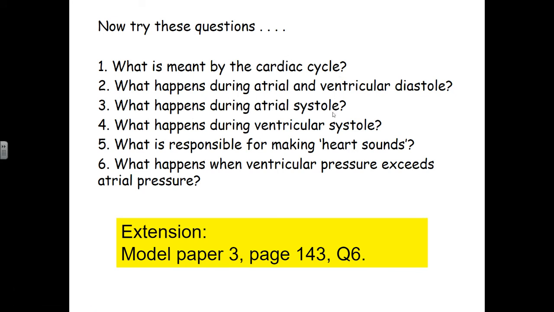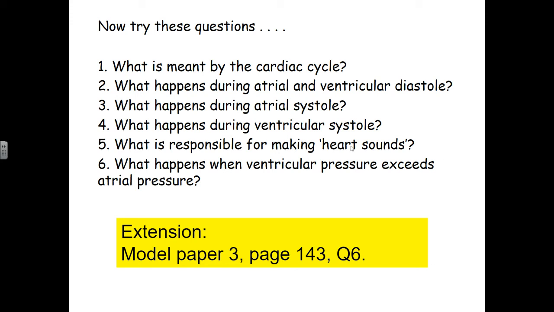What happens during atrial systole? In atrial systole, the atria contract and push blood from the atrium into the ventricles through the AV valve. What happens during ventricular systole? The ventricles contract and push blood up through the semilunar valves. The AV valves prevent blood entering the atria.